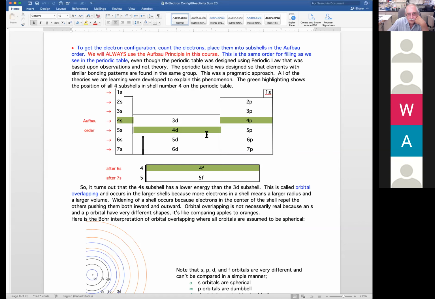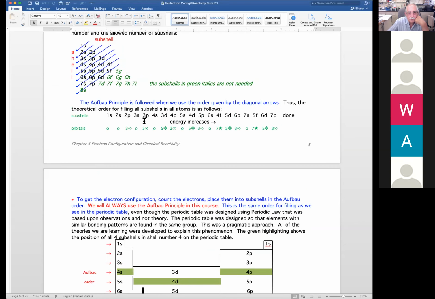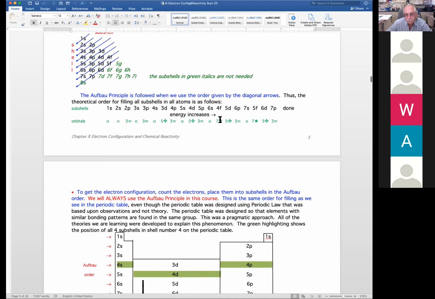And so why are these separated like this? Because that's the Aufbau principle, right? 3p and then 4s, that's exactly what's on the periodic table. Then the 3d is in between that and the 4p. Then you have to go through the 5s and then finally the 4d, or not finally. Then you got to go through these before you get to the f's. Okay.